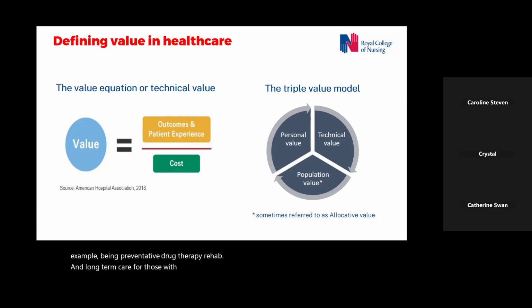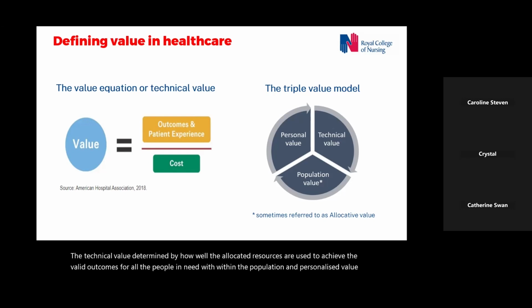The technical value is determined by how well the allocated resources are used to achieve the valid outcomes for all the people in need within the population, and personalised value is determined by how well an outcome relates to the values of each individual.